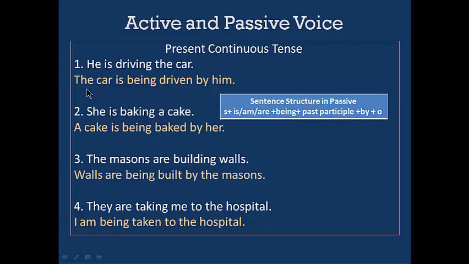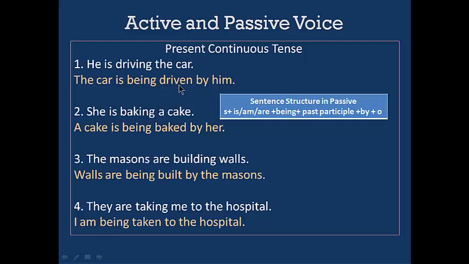Look at the first example here. He is driving the car. The car is the object here. It takes the subject place. The car, as it is singular, should be followed by auxiliary verb is, and for continuous tenses we need to add being in sentences.